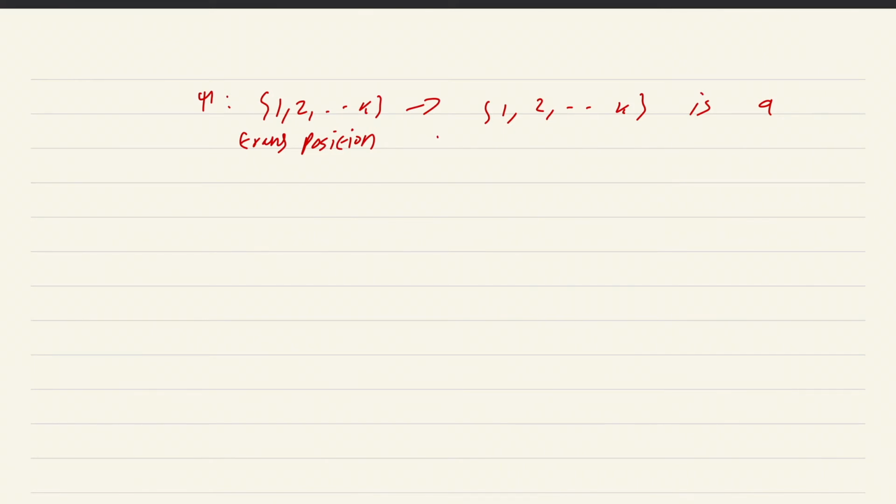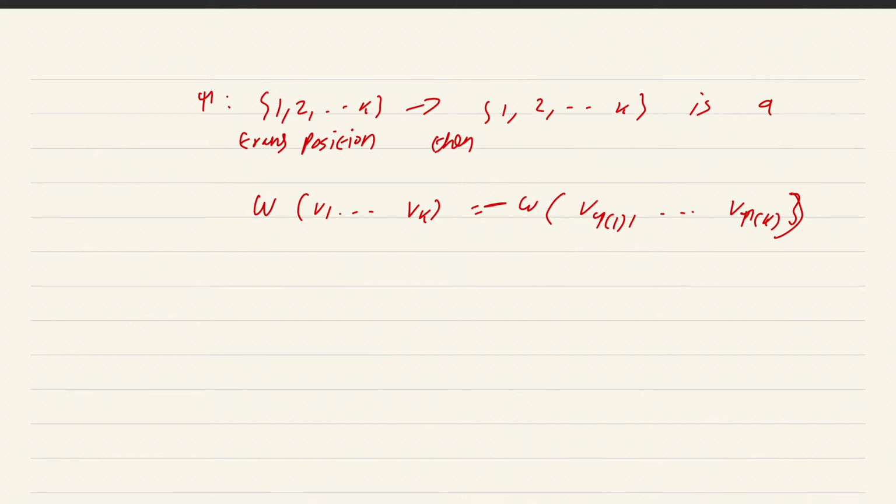Then omega of v1 to vk is equal to omega of v tau 1 comma dot dot dot v tau k, with a negative sign. Okay, a transposition introduces one negative sign. Let's prove this. This will give several ways of characterizing k-forms. You can check, these properties will be repeatedly used in the rest of the development.